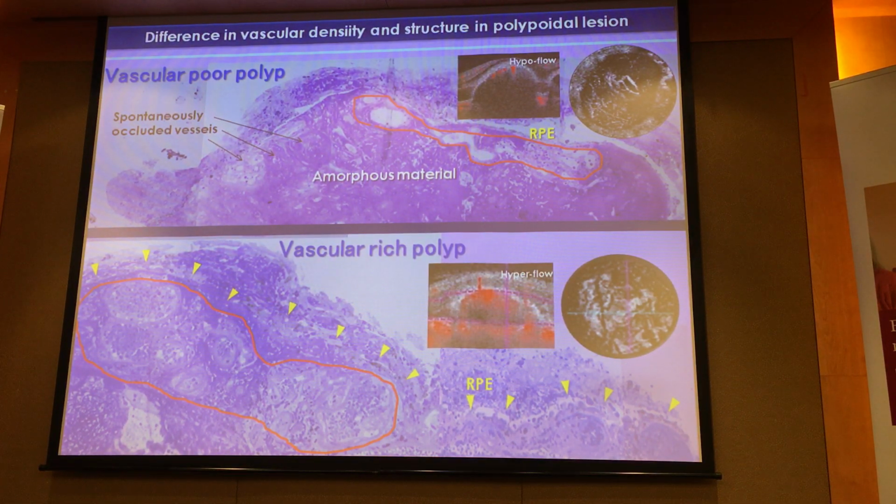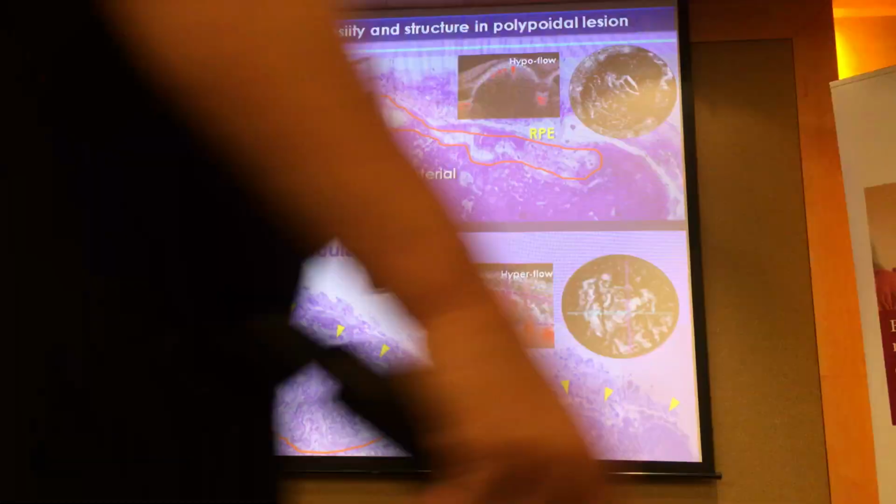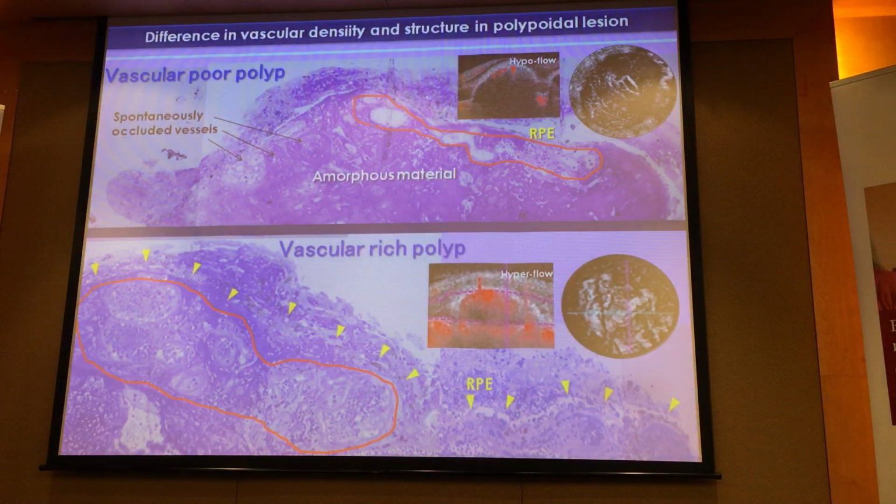Any other question? The polyps that were not detected by OCTA, the reason for that likely is because they are low flow. The flow is less, and that is why OCTA is not detecting them.